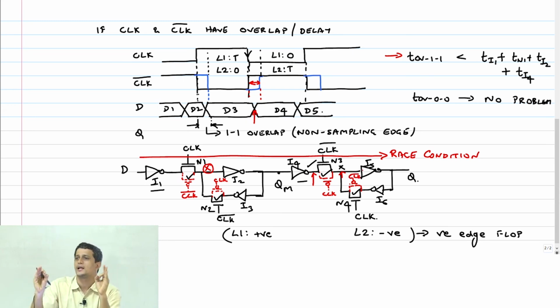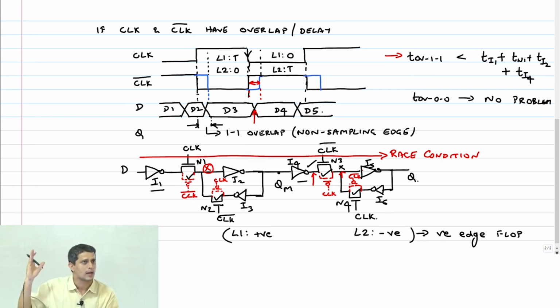I am just making a pass transistor into a transmission gate. That's all, right? So what do I do? At least earlier I had a couple of inverters and pass transistors where I could absorb that delay. And so if I wanted, for example, more delay to handle a larger overlap, I have to maybe add more inverters in this part.